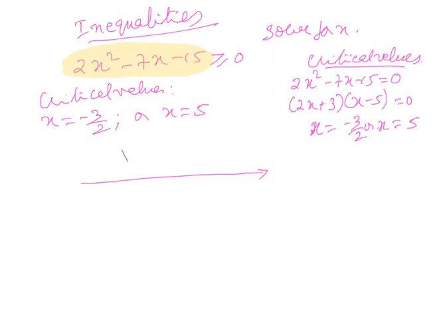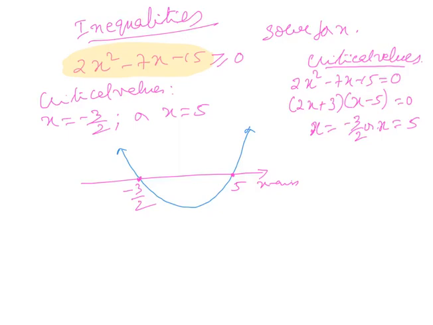Now I write down these critical values, negative 3 over 2 and positive 5. This is a number line, my x-axis. Critical values are nothing but your x-intercepts if you look at the graph, or the roots of the quadratic equation.